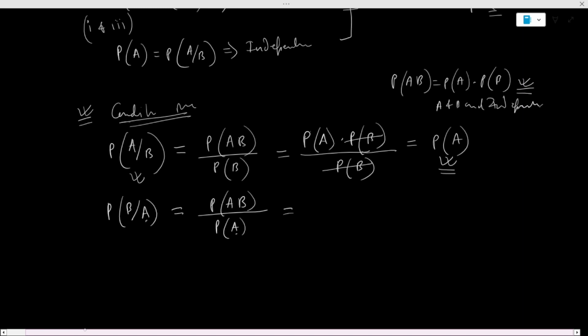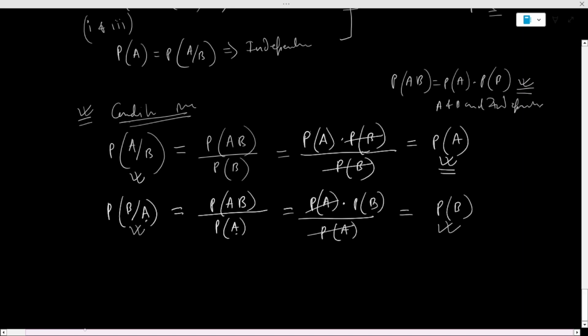Now let us apply the same formula. If we are able to express the probability of AB as the product of their individual probabilities, this is equal to probability of B into probability of A, divided by probability of A. So probability of A and A cancels out, and this is equal to probability of B. Again, the conditional probability of B is equal to the unconditional probability.